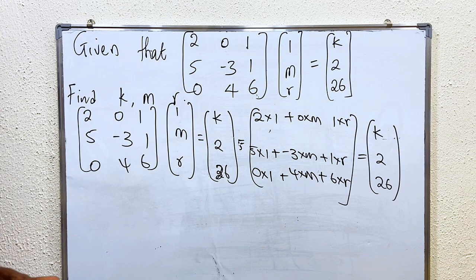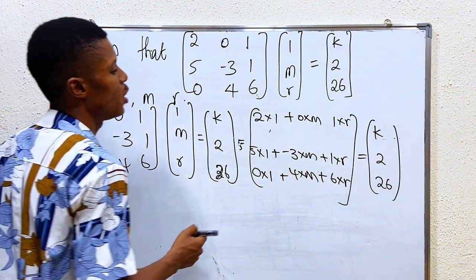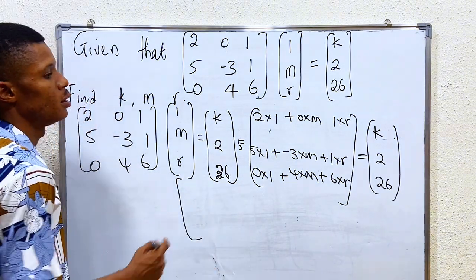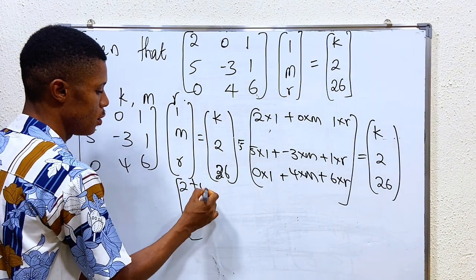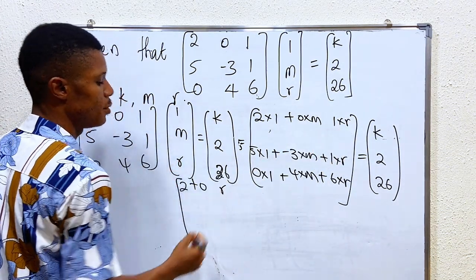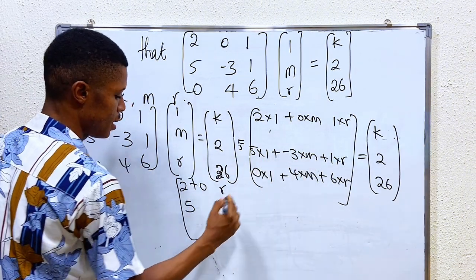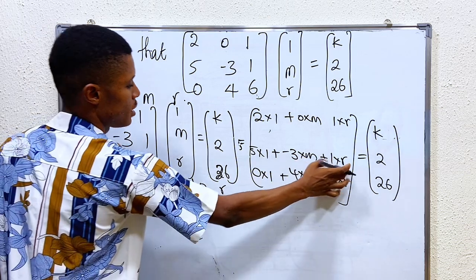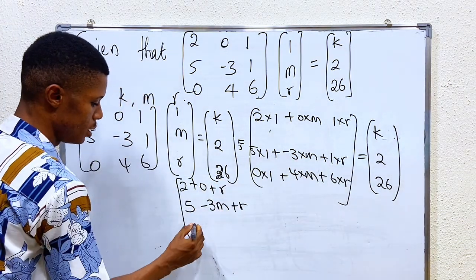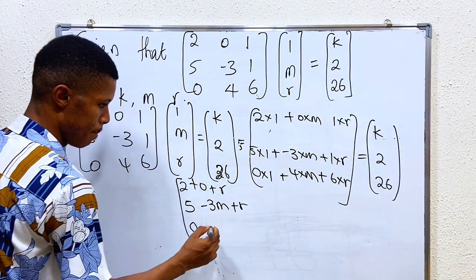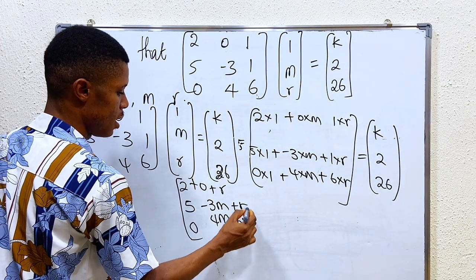That's the answer. So the next thing we do is simplify the matrix. We have a new matrix: 2 times 1 is 2, 0 times m is 0, plus 1 times r is r; 5 times 1 is 5, minus 3 times m is minus 3m, 1 times r is plus r; 0 times 1 is 0, 4 times m is 4m, 6 times r is 6r.